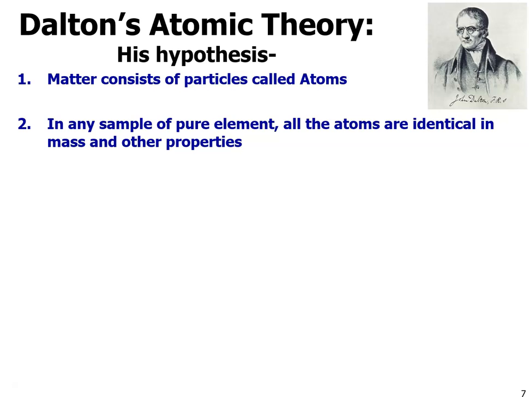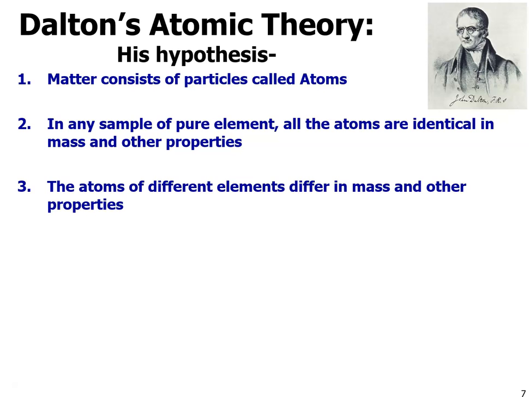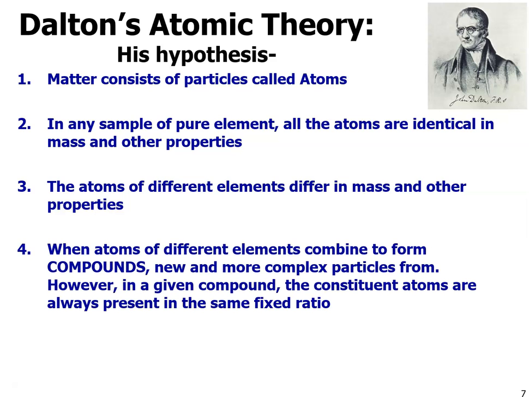In any sample of pure element, all of the atoms in that element are identical in mass and other properties. The atoms of different elements differ in mass and other properties. So if it's a different element, it's a different mass and it has different properties associated with it.